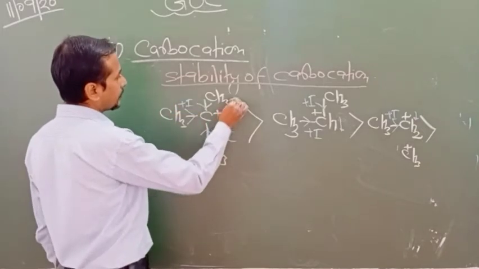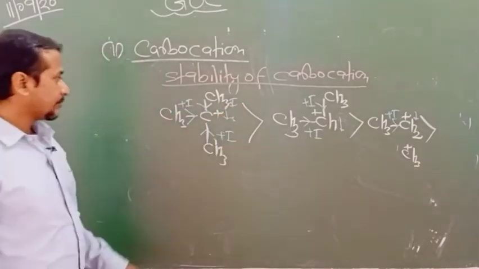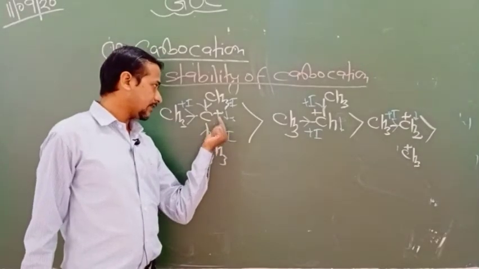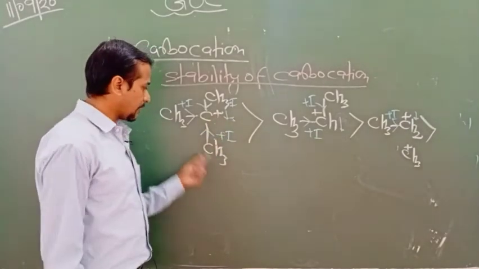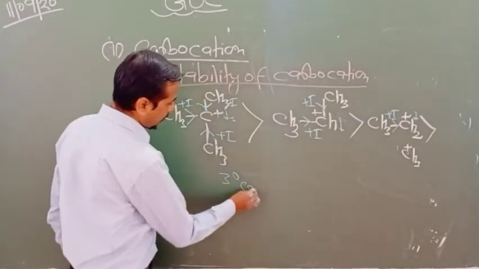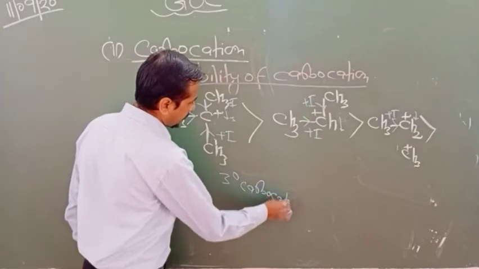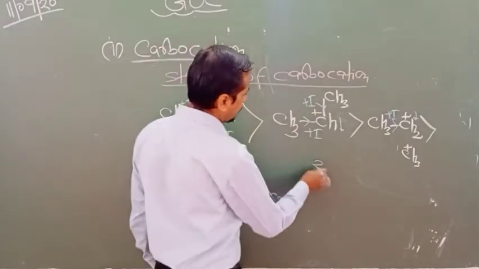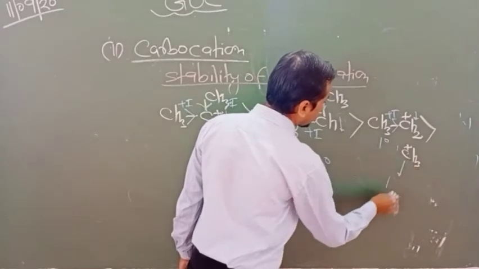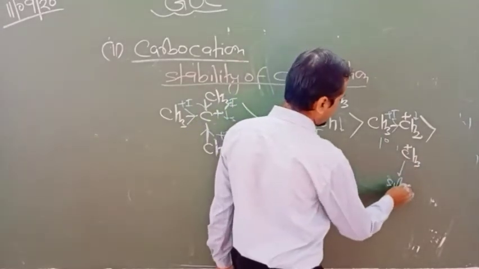In that condition, what happens? Here more decrease of positive charge takes place, so the less the charge, the more the stability. So 3 degree carbocation is more stable than 2 degree, 2 degree is more stable than 1 degree, and this is basically known as super bond.